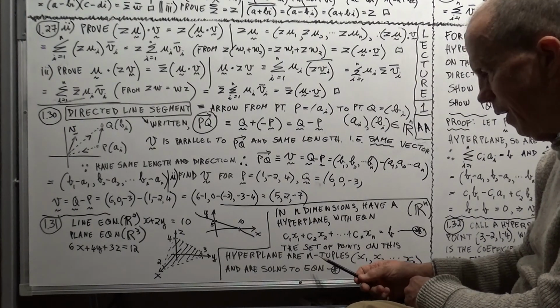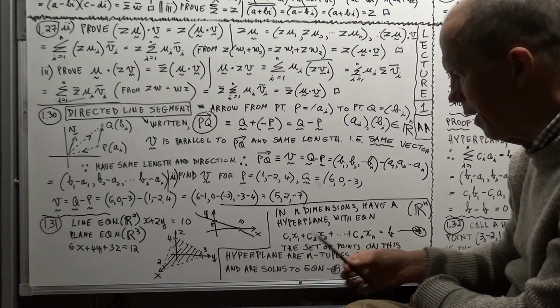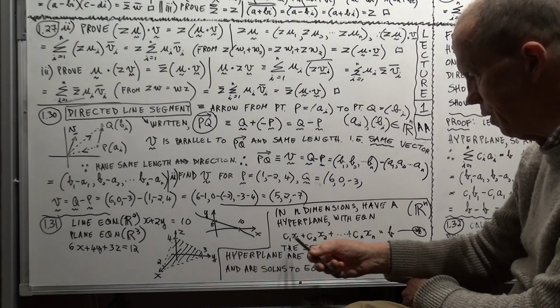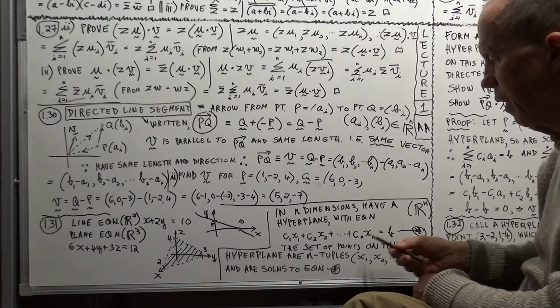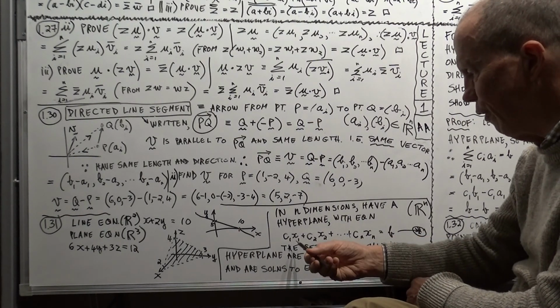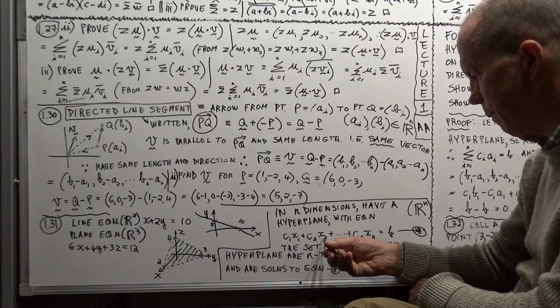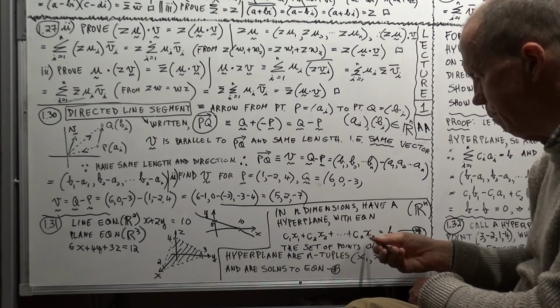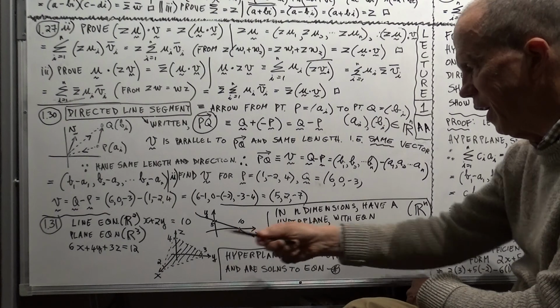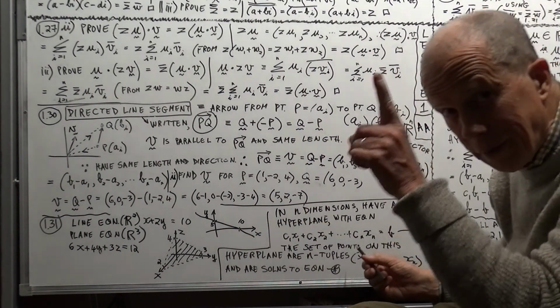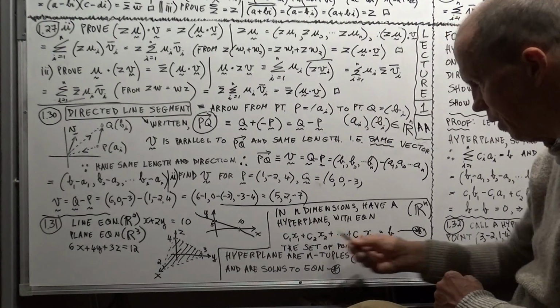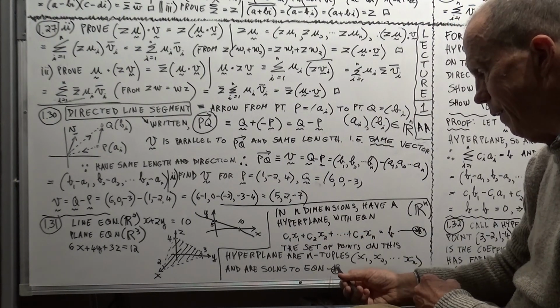Those points lying on the space are said to be solutions to this equation. They are n-tuples, x1, x2, ..., and there will be an infinite number of these n-tuples lying on the space, right?